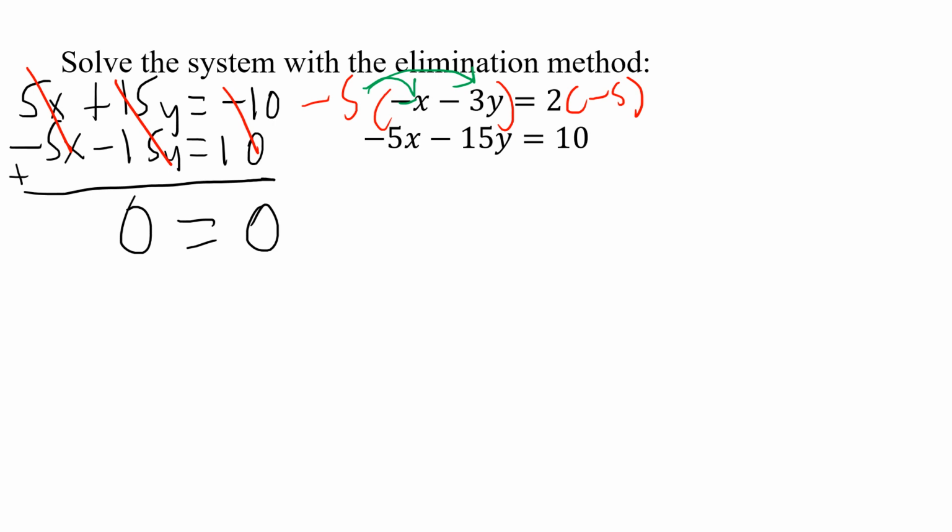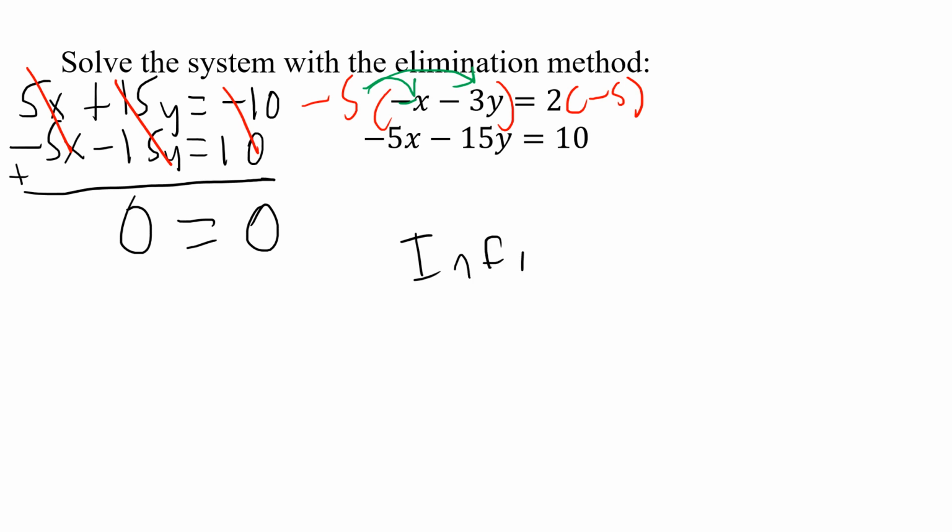So 0 equals 0. Now, in your expert math opinion, does 0 always equal 0? And the answer is yes, 0 always equals 0. So whenever you get a question like this and the answer is 0 equals 0, 5 equals 5, x equals x, whenever it is the same number equals the same number, what you end up with is infinitely many solutions.